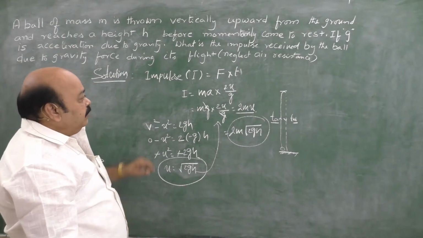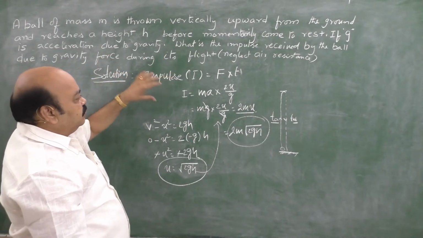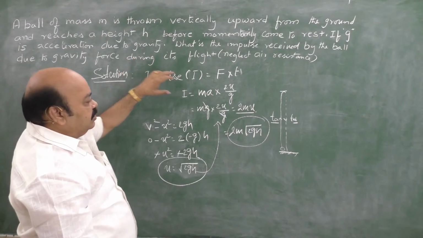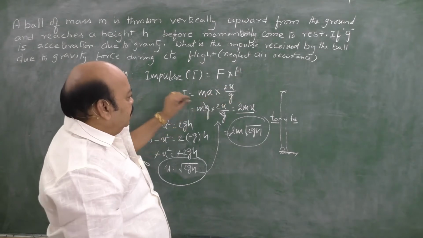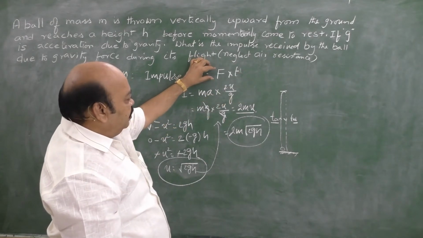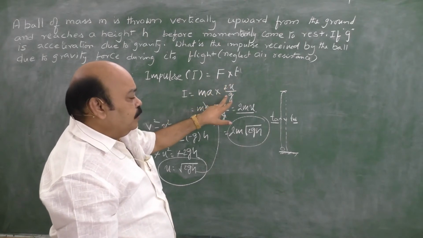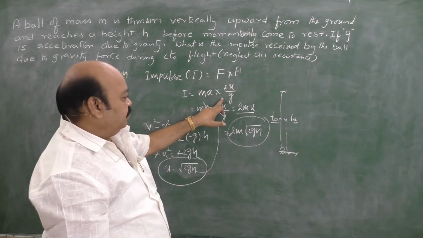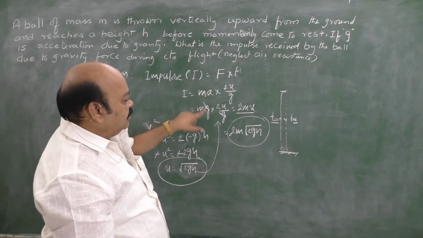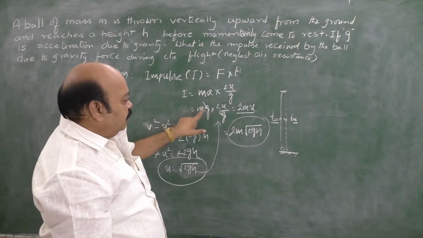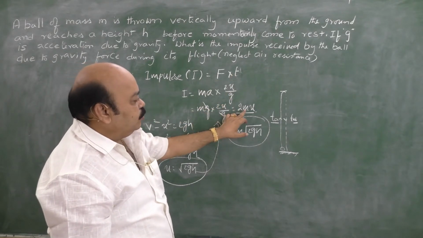Once again I am repeating. Here we have to calculate the impulse received. The formula for impulse is the product of force and the time for which it acts. I is equal to, in the place of F, ma into 2u by g, because 2u by g is the total time of flight. In case of a vertically moving body, acceleration is replaced by g. So, mg into, in the place of time, 2u by g; the g gets cancelled, giving 2mu.